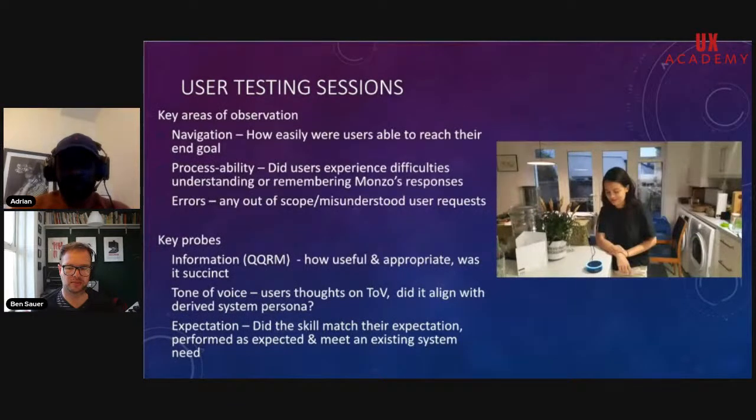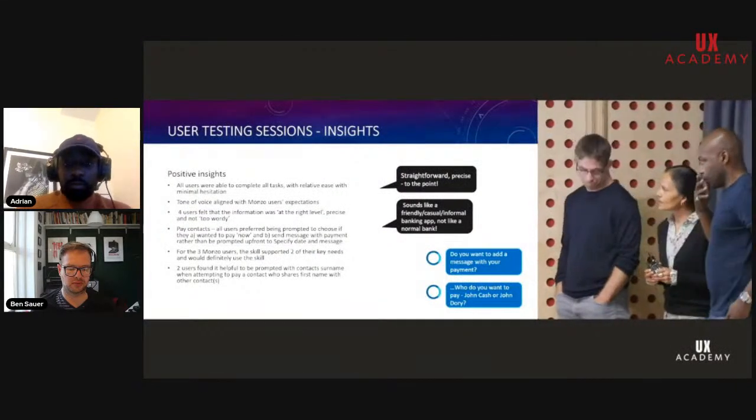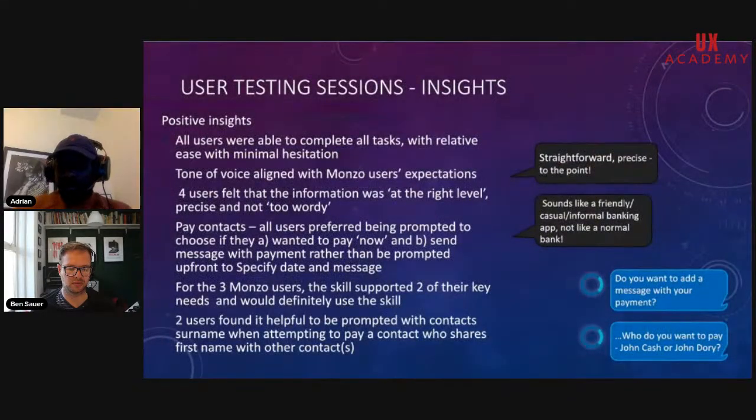Thanks to Zara, we wrote a discussion guide, and our key observation points were navigation, processability, is it useful, is it succinct enough, and appropriate, is it relevant? Positive insights were that all users were able to complete the task. The tone of voice met the Monzo users' expectations.